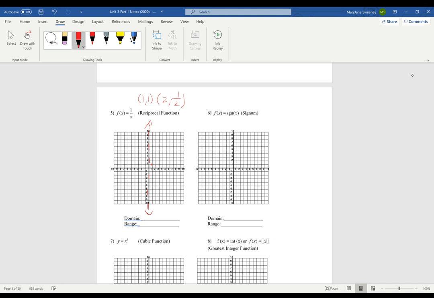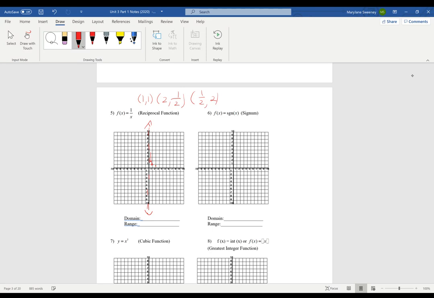2, a half. And then sometimes I like to be able to tell what it's doing toward the asymptote. So then I put a half in for x, and that means y would be 2. If you think about it, it's 1 over 1/2. 1 divided by a half means 1 times its reciprocal, which is 2. So that's one way I'm getting that. So at a half, we'd be at 2.